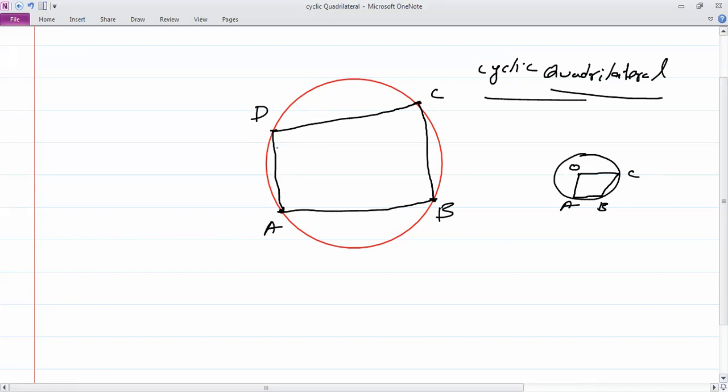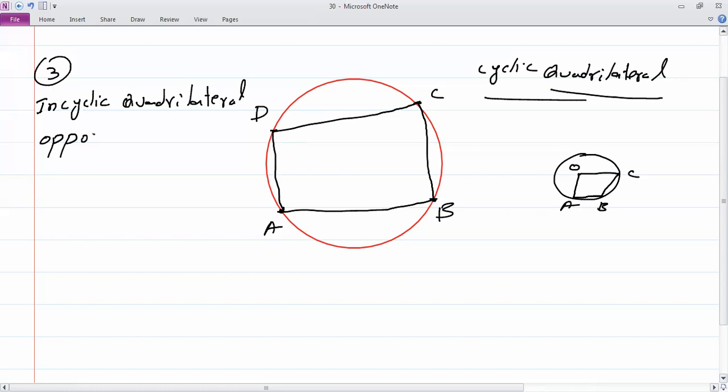A, B, C, D is cyclic, but O, A, B, C is not cyclic. Now, rule number 3 says in a cyclic quadrilateral, opposite angles make 180 degrees.